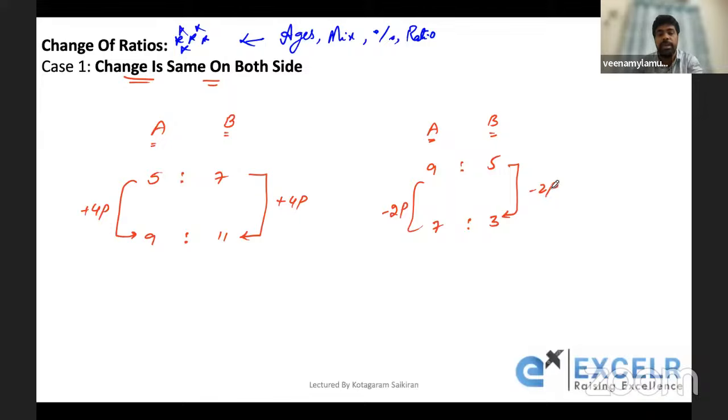Like this, on both sides I should have the same change, whether it is an increase or a decrease. Just take it as an example.